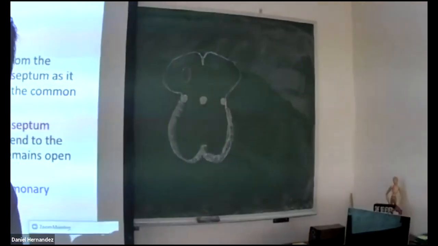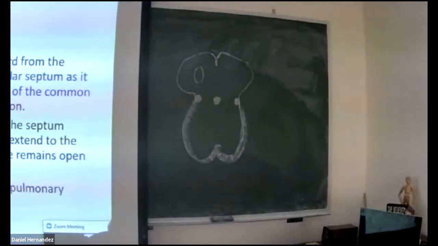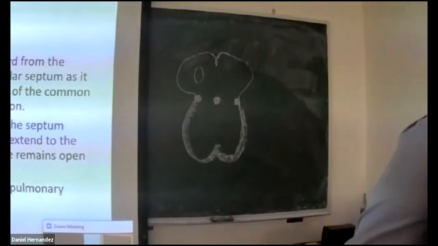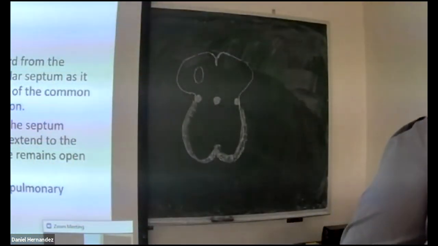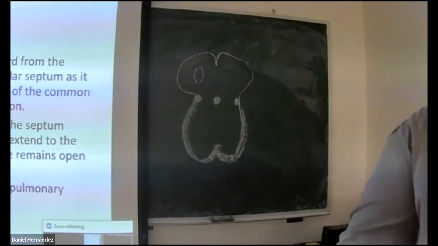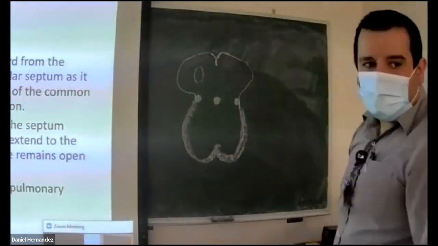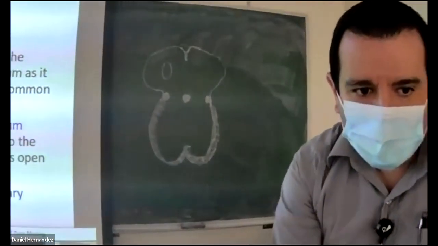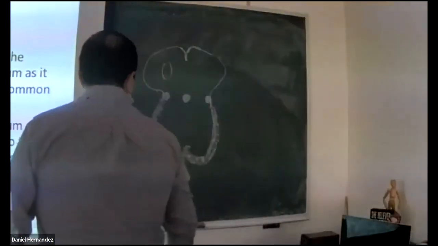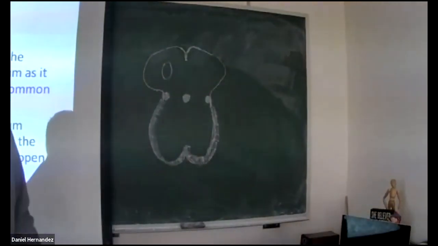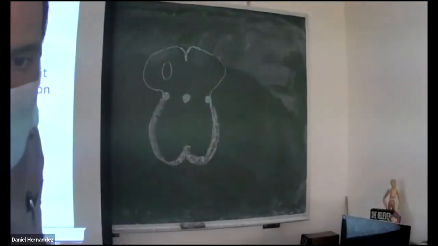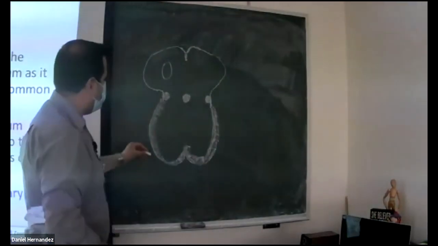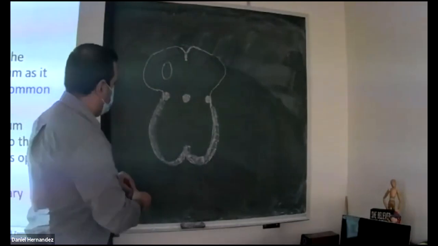I drew this little picture to understand the septal formation a little better. So at this point, the heart has begun to loop. So we now have a more recognizable orientation, with the ventricles on the bottom.